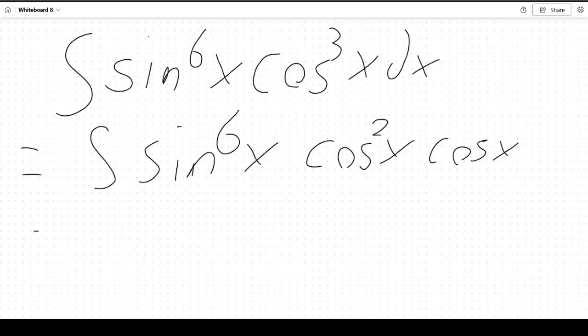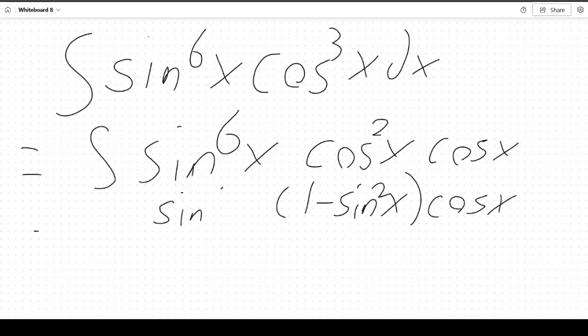So cosine squared x can leave the sine x alone. Cosine squared x is 1 minus sine squared x. Here we have cosine x and sine to the power of 6x.